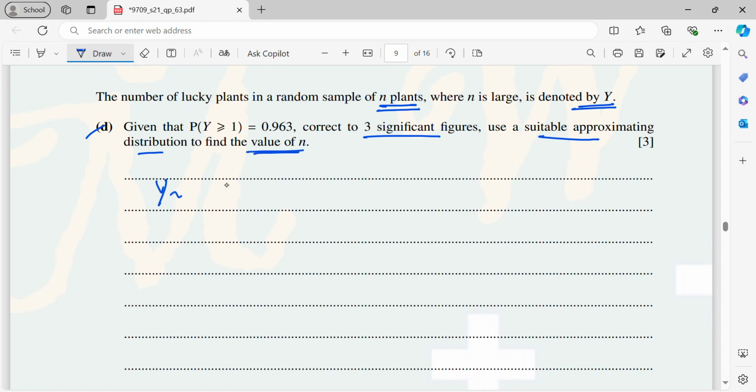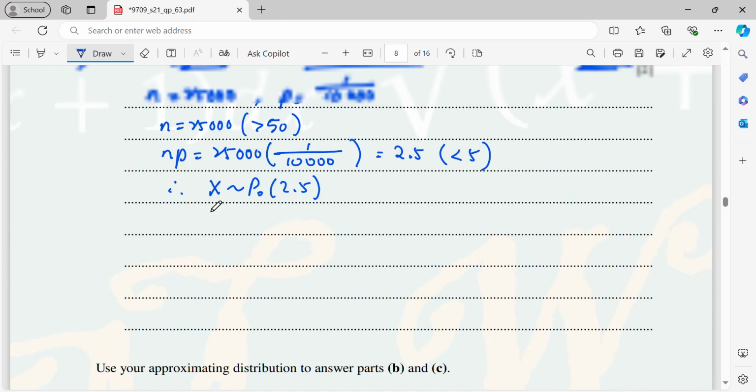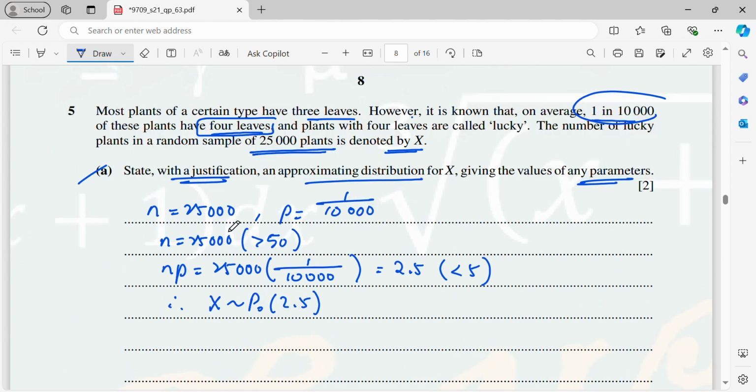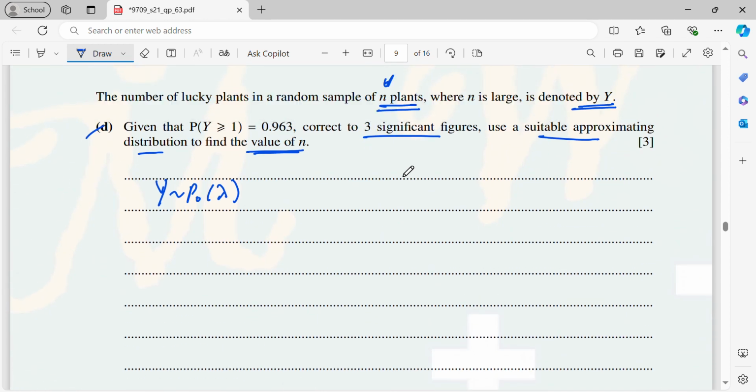So now your Y is Poisson lambda, because we do not know n. But since your p is very small, 1 over 10,000, even when n reaches 25,000, np is still less than 5. So I will use Poisson distribution, but I do not know the lambda because it depends on n, therefore I let it be lambda first.